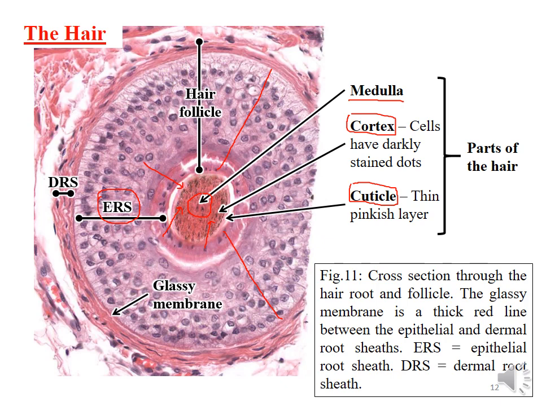Outside the epithelial root sheath, we have the dermal root sheath, formed of connective tissue derived from the dermis. Between them, we have the thick basement membrane, this red line, which is the glassy membrane, between the epithelial root sheath and the dermal root sheath.